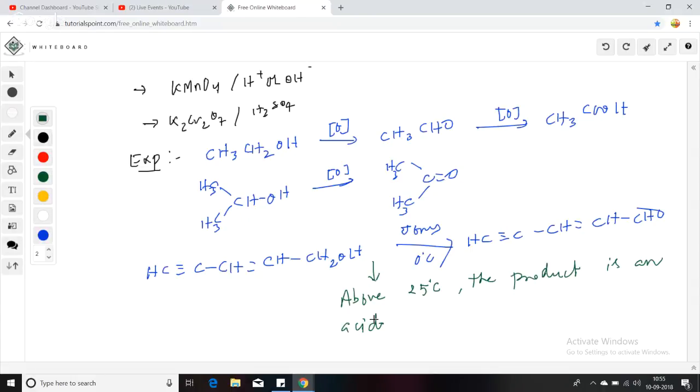So these reactions are temperature dependent, and it is important.